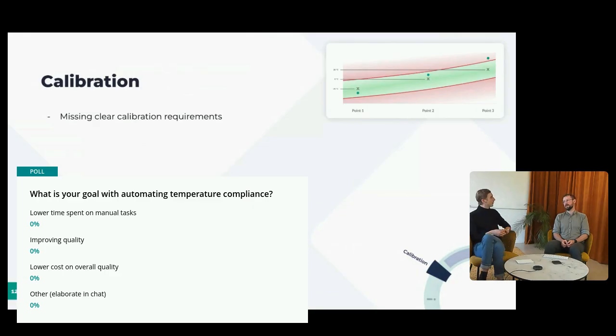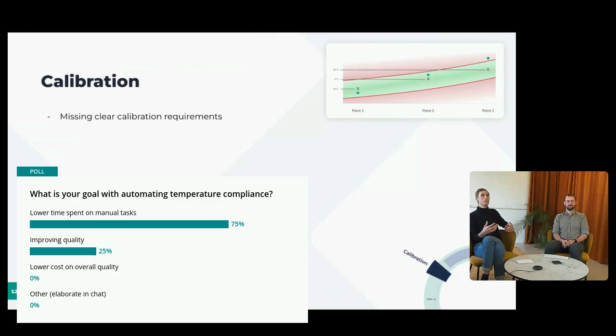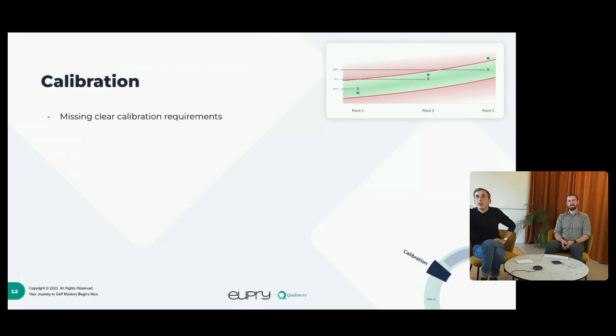What's motivating you? We are motivated by this because we can see that there's a mega big impact in companies, in pharma companies particularly, with focusing on temperature compliance as a core. Maybe this is in that area, but maybe you have another thought, so just elaborate in the chat. We will come back to this in a moment. Okay, Jakob, back to you.